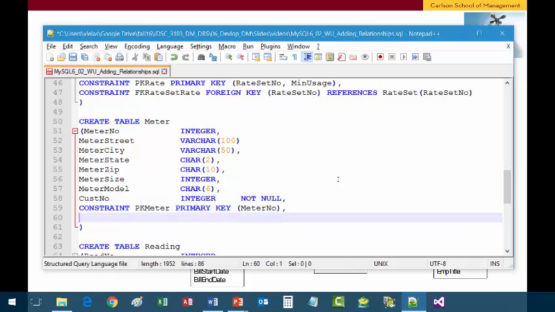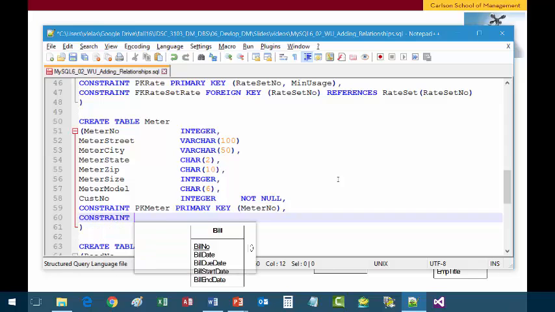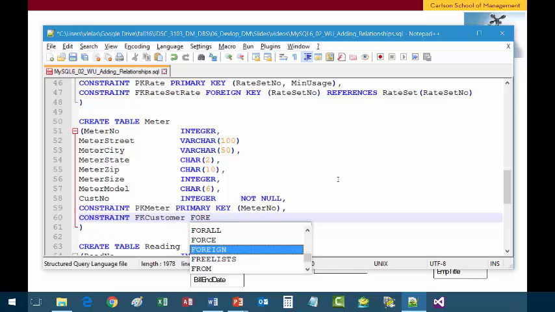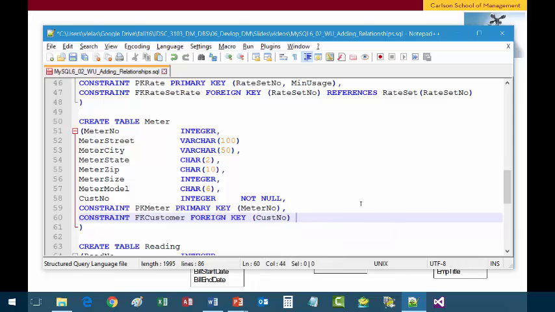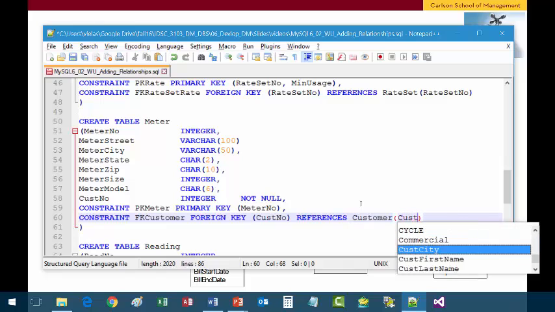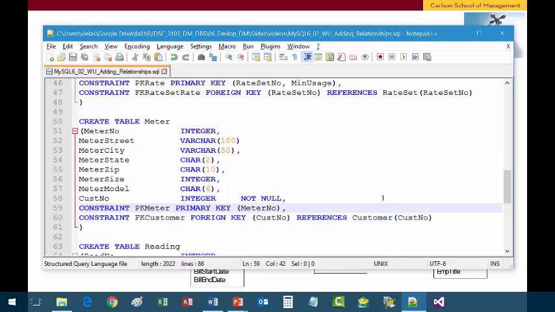And after the constraint for the primary key of the meter table, we have constraint fk customer foreign key. Obviously it's cust number. That's this one right here. That references customer table, and it's cust number primary key at the very top of this script.